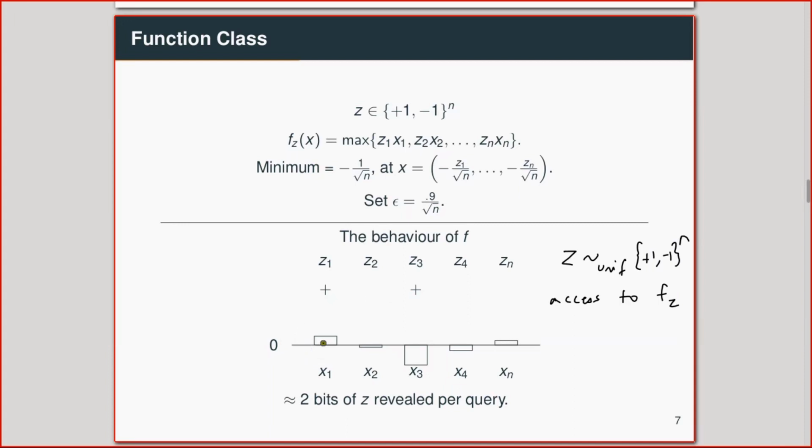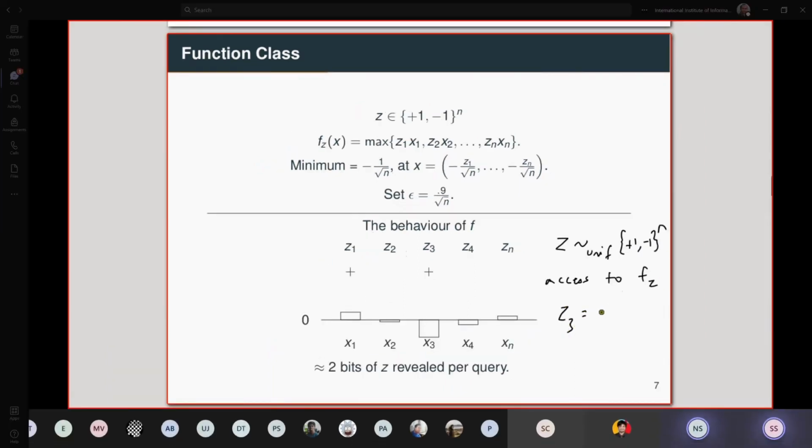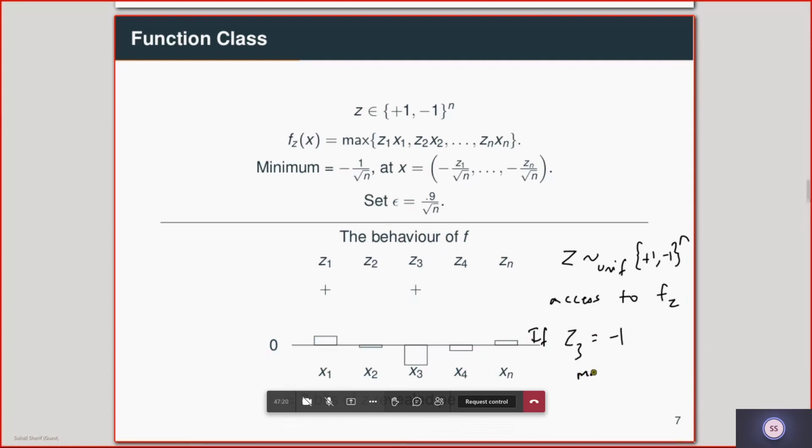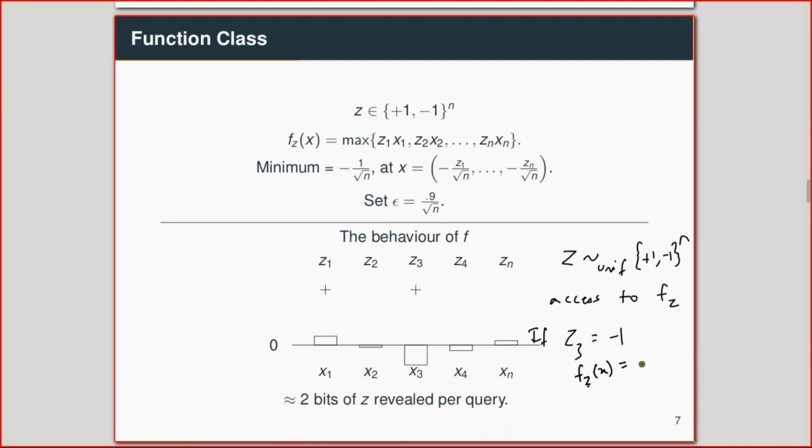Now, if it so happened that z3 was actually equal to minus 1, then f_z of x would have been equal to z3 x3, and we would have gotten zero information about any of the other bits. So with half probability this will happen. And with half probability, it would have been plus 1, in which case we have to look at the next largest coordinate of x.